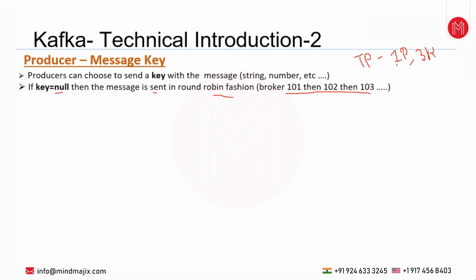It means one copy of the partition is in broker 101, another copy of the partition is in broker 102, and another copy is in broker 103. That is what replication factor 3 means. Right? So whenever a message is produced by the producer without a key, the message will be distributed in a round robin fashion. It will go to broker 101, the next message can go to broker 102, the next message goes to broker 103. Now the fourth message will go.